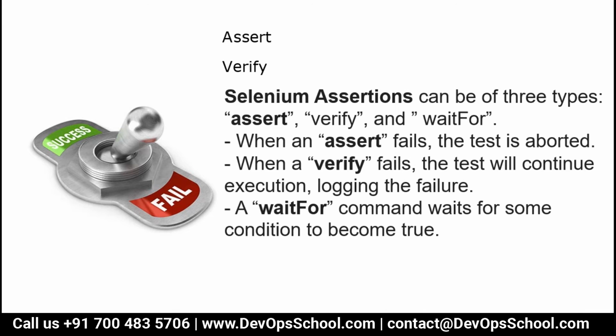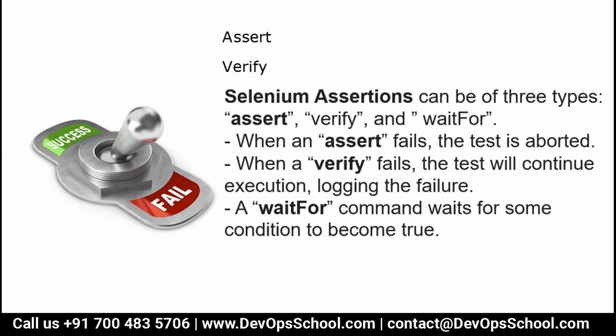When you use assert, understand that using assertions you validate something, right? So what happens when an assert fails? When you use the assertion type assert and it fails, the test is aborted.